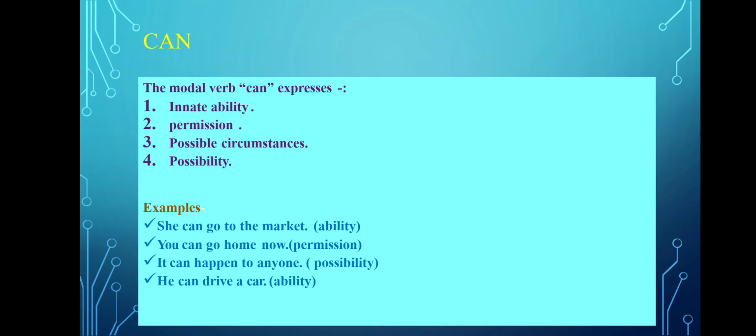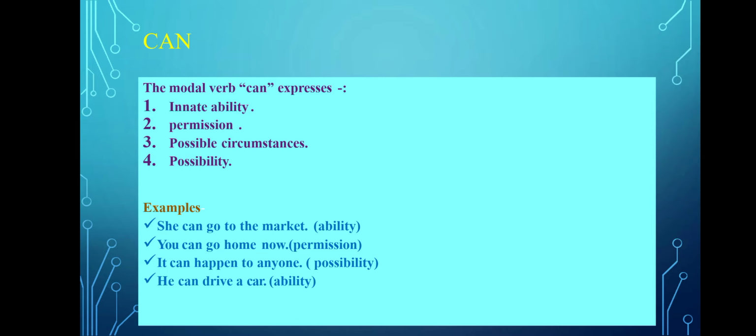Possible circumstances and possibility. Examples, she can go to the market. Now this sentence is speaking about the ability of the subject she. You can go home now. This sentence is telling us about the subject who got the permission to go home, isn't it?